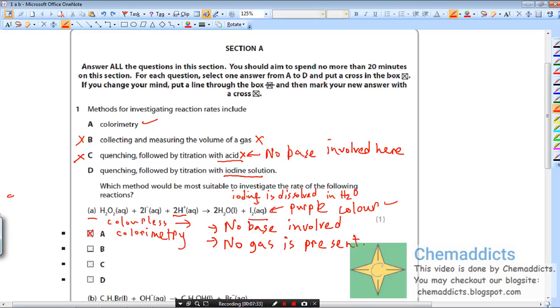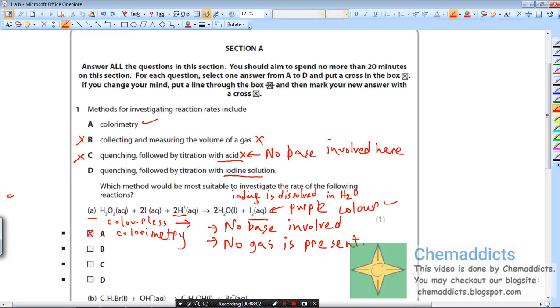So here, the product is already iodine, so it is worthless to titrate this with iodine solution.